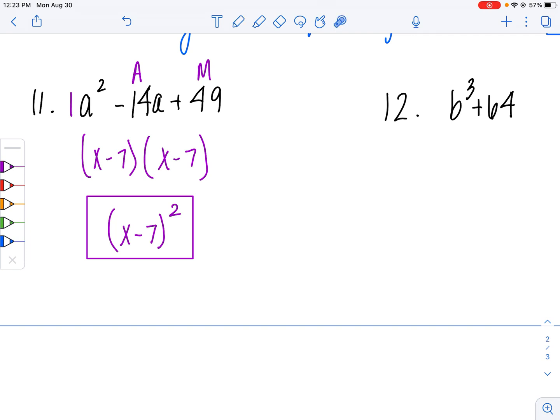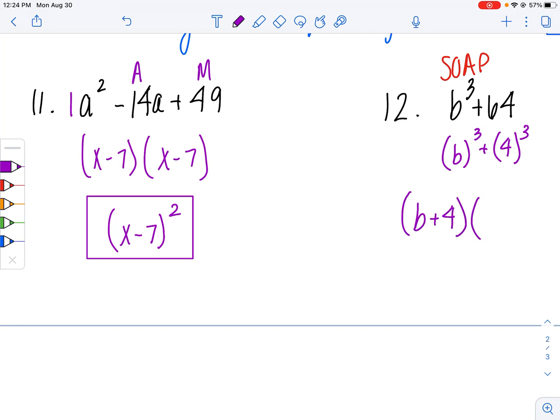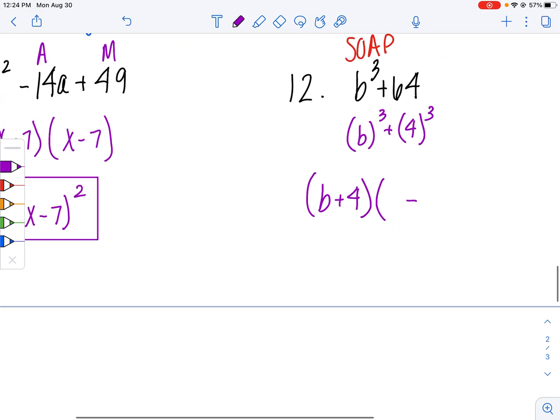Number 12 that we didn't get to, notice that this is a perfect cube and 64 is a perfect cube. So if we want to rewrite it, we'll look at it as b cubed plus 4 cubed. And again, this would be SOAP, right from day 9. So you take your operation, same, opposite, always positive.